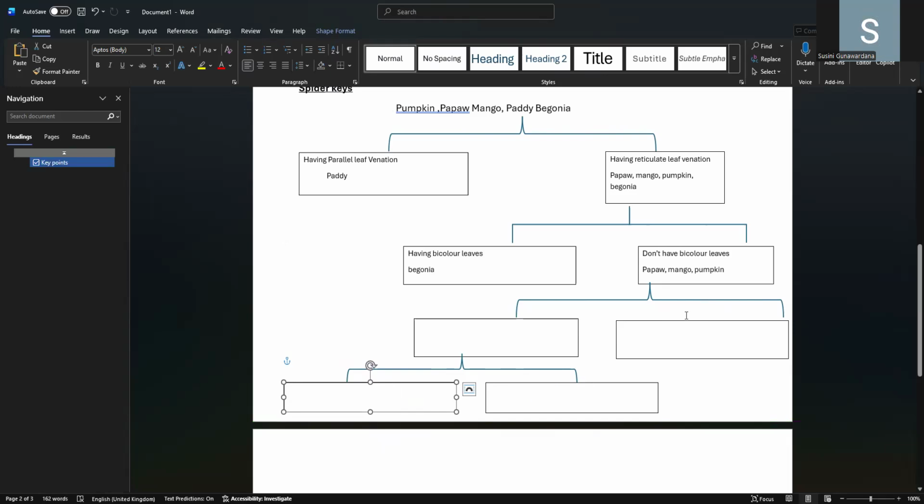In that case I am dividing again. How can you divide?